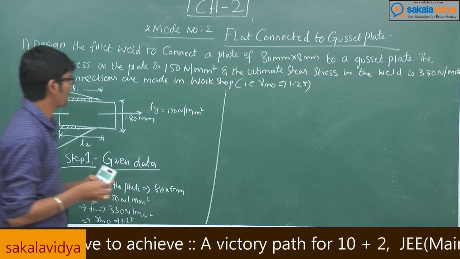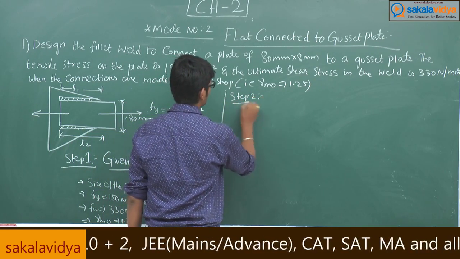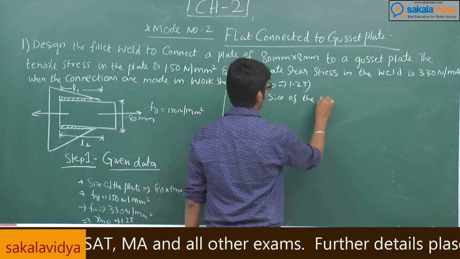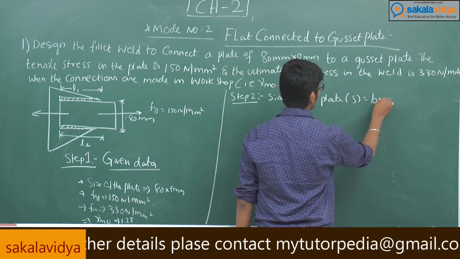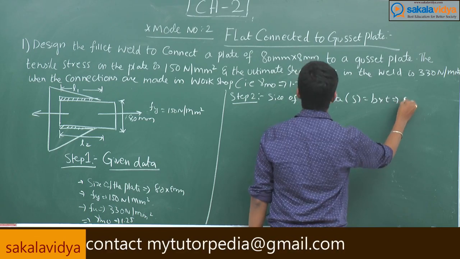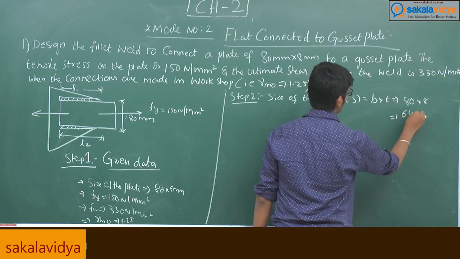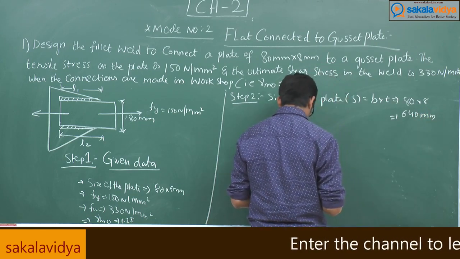So what is the second step? Step 2, size of the plate. S is equal to B into T, that is 80 into 8, so 640 mm. So the answer is 640 mm.